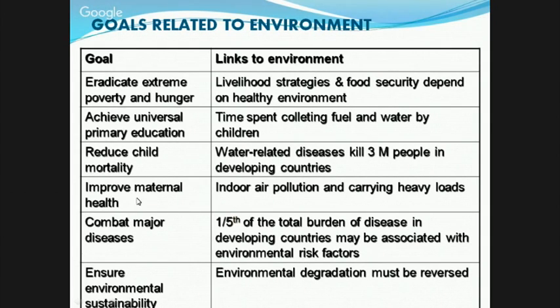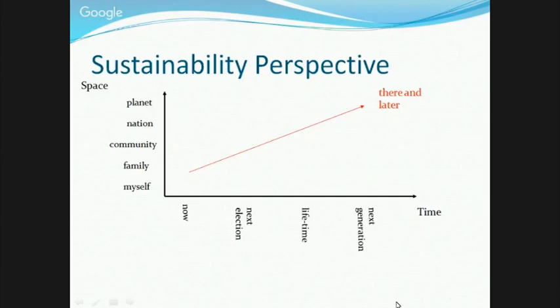Improve maternal health, so indoor air quality and heavy metals, etc. are to be controlled. Then we have to combat the major diseases. Again, they are associated with various environmental agencies, so we have to reduce them. Then ensure sustainability, so degradation must be reversed.